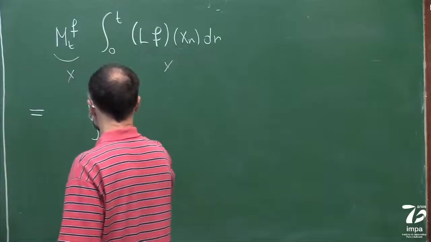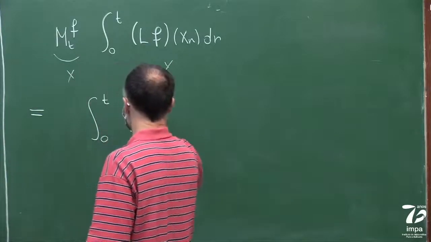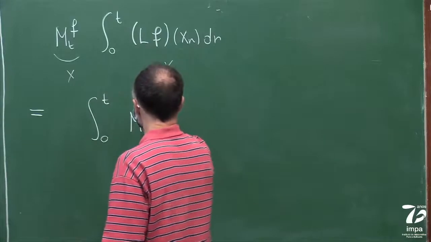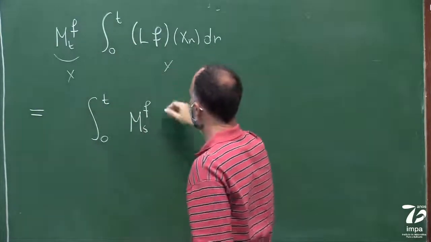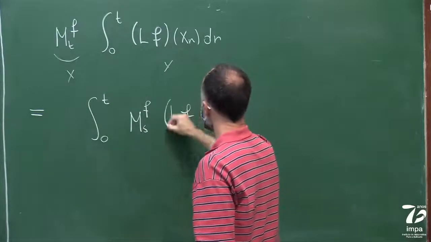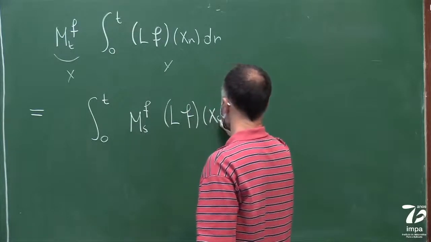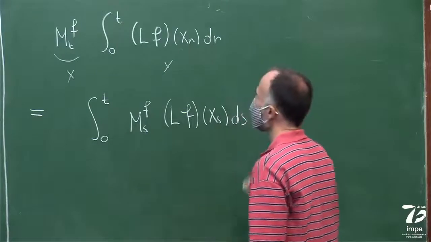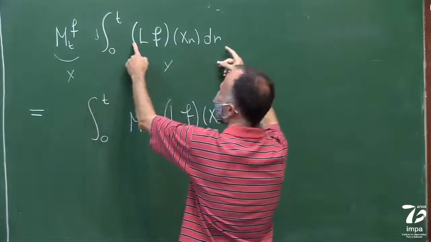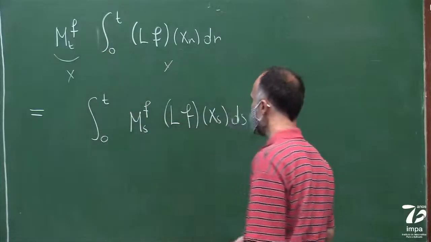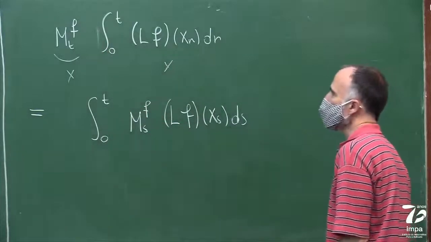So this is the integral from 0 to t of M_s^f dy, but dy is just Lf(X_s) ds. Okay, d of this object will be simply this object. So this is the first term.